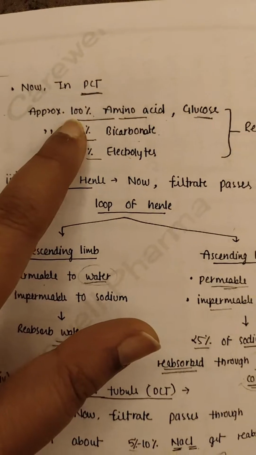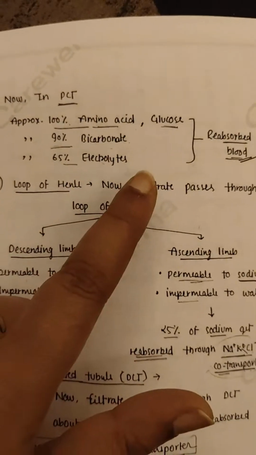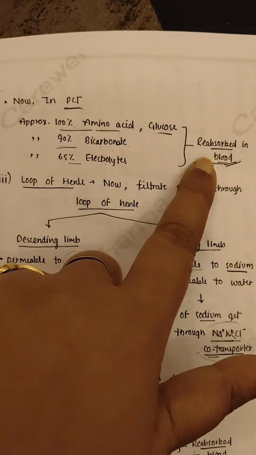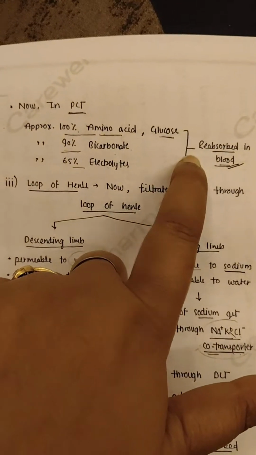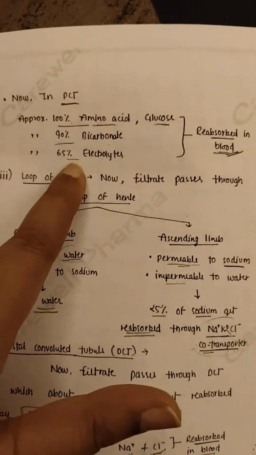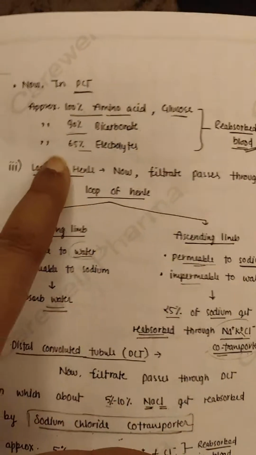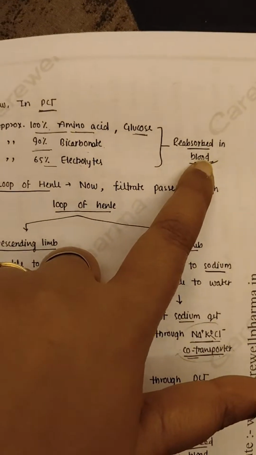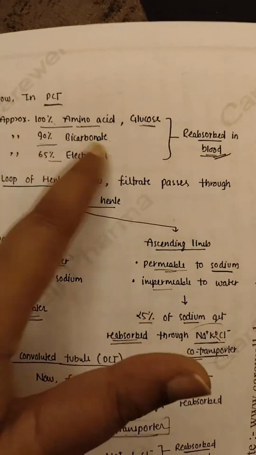Whatever protein and glucose is there will be reabsorbed into the blood. If reabsorption takes place, the fluid and ions enter the body again. But if this channel is stopped, the reabsorption is blocked, and they will be collected and excreted out.